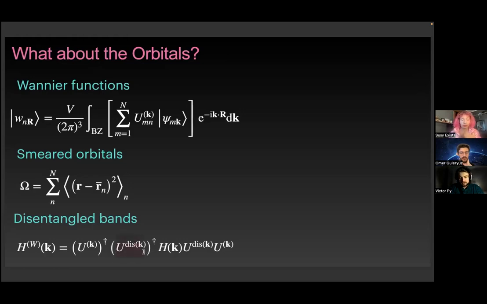In this case, this U disentanglement matrix represents the reduced number of bands. So this unitary transform is not actually a square matrix. It's a rectangular matrix, but its multiplication with its adjoint gives the identity element.